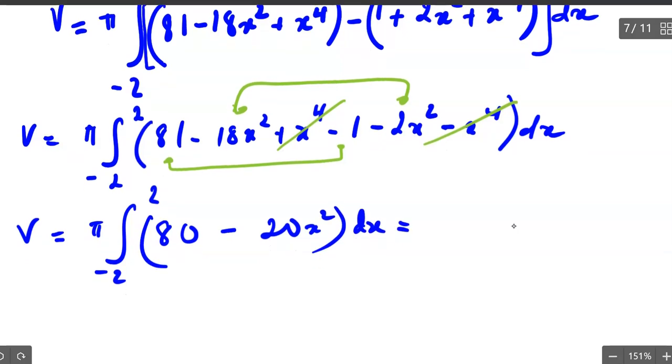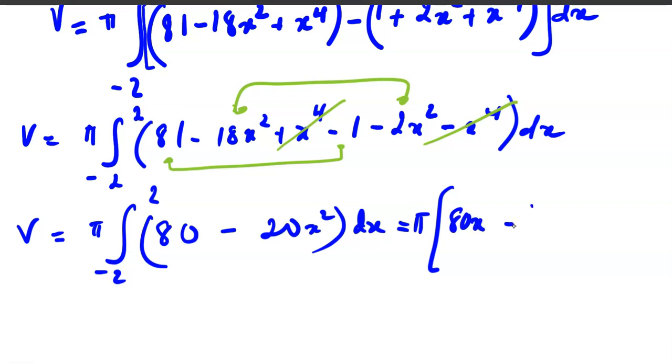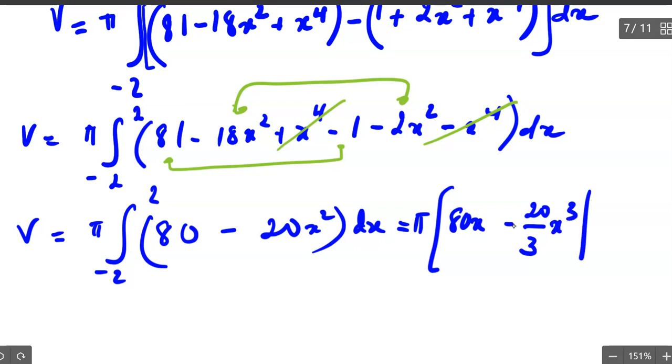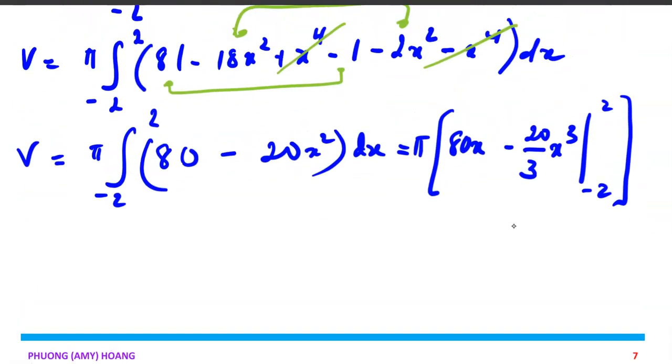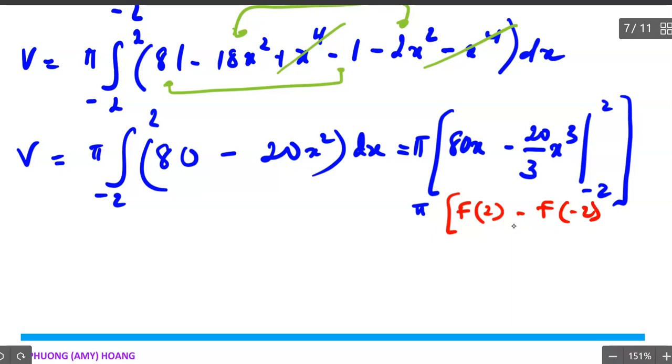Now I should have pi times 80x subtract 20 over 3 x to the exponent 3, integral from -2 to 2. This is pi multiplied by f of 2 subtract f of -2.